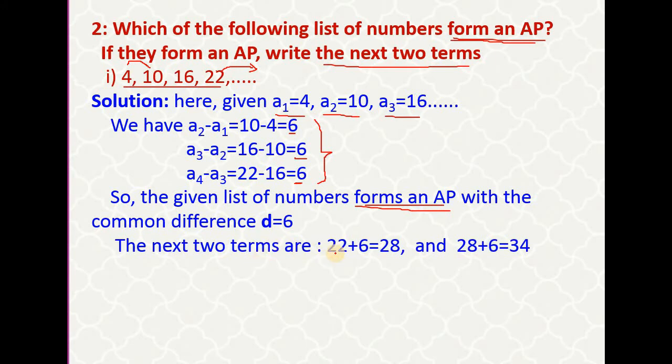Therefore, the next two terms are 22 plus 6, since 6 is the common difference. After 22, the next term is 28. Then after 28, again you add 6 and you get 34. So the next two terms are 28 and 34 respectively.